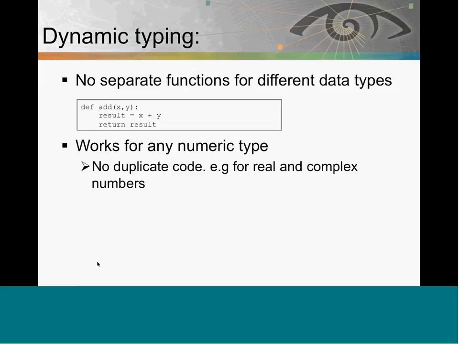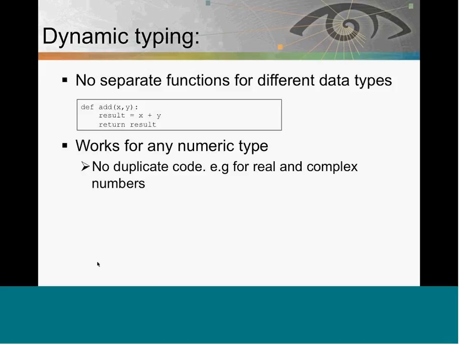The other thing about Python is that in other languages you need to implement a separate function for different data types. For example, an add operation is my function where I add x plus y.